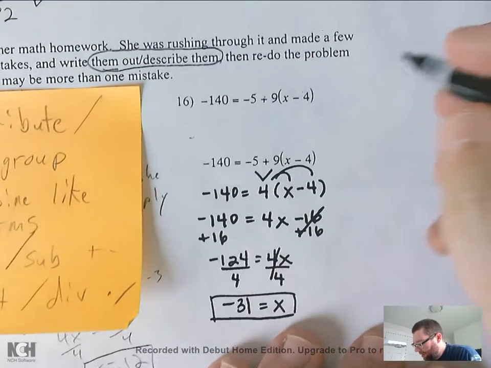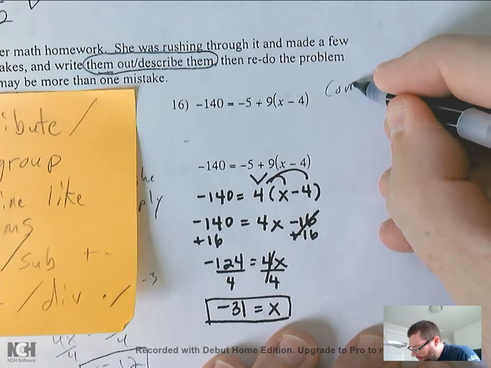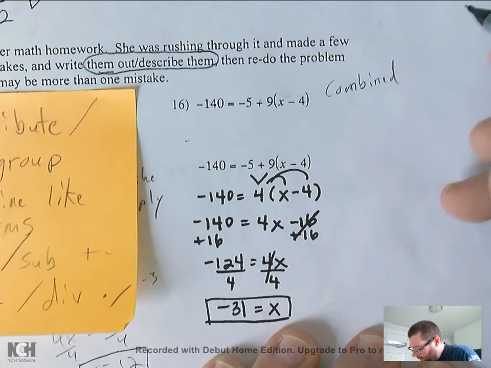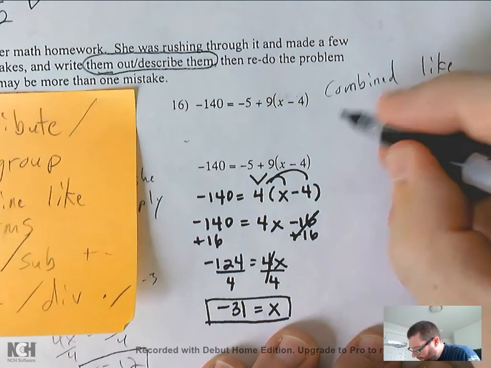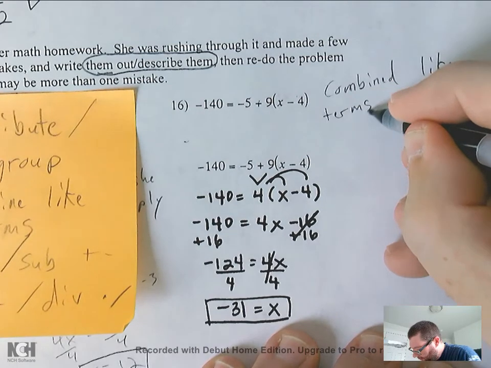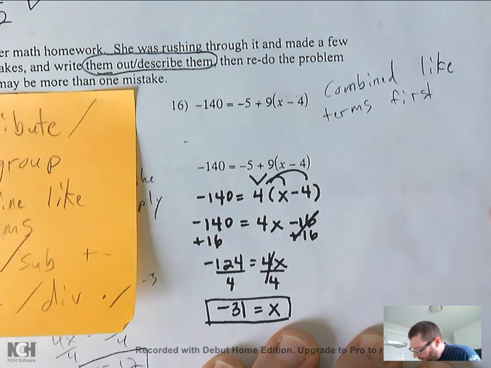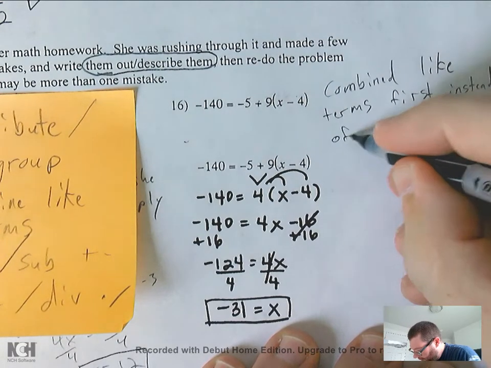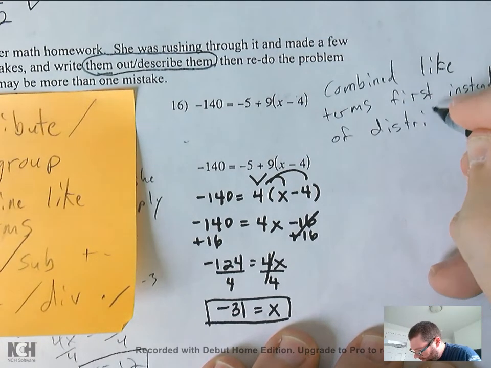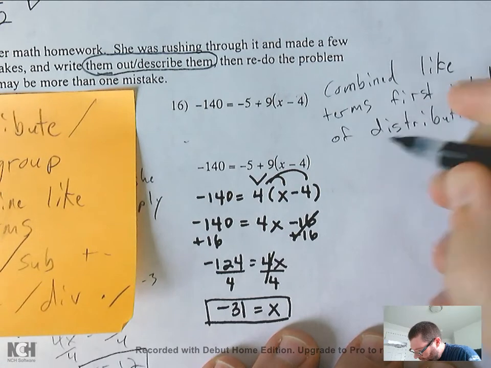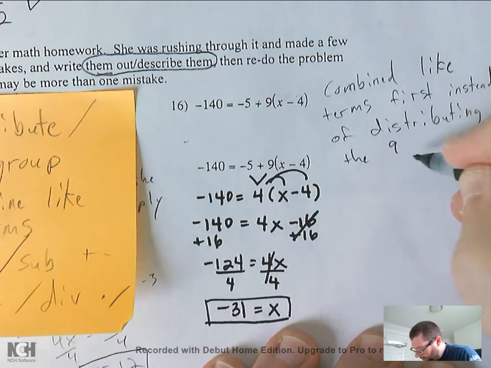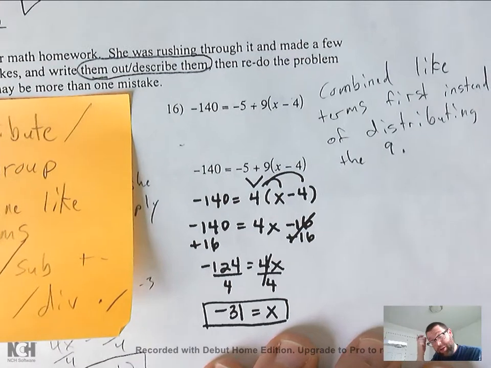So she combined like terms first, instead of distributing the 9. Okay, there's our explanation.